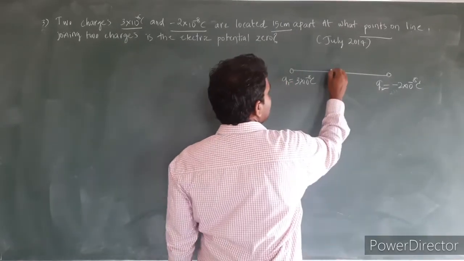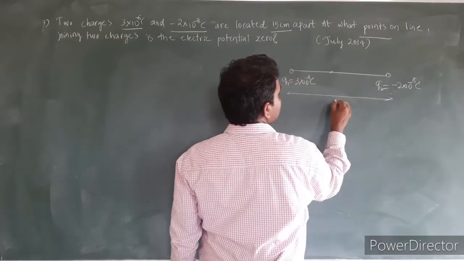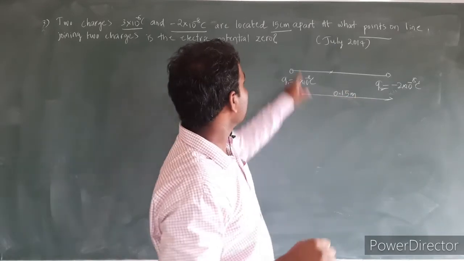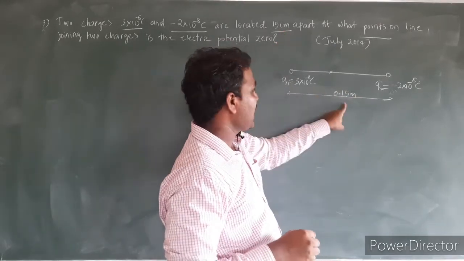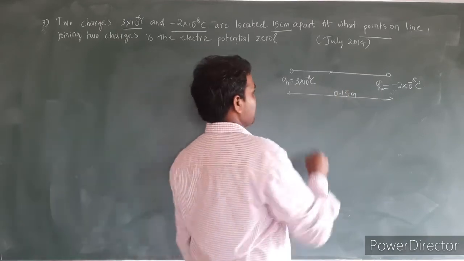Let us consider the total distance. The total distance between these two charges is given to be how much? 0.15 meters. That is 15 centimeters they have given, and I am writing it in meters. It is equal to 0.15 meters.